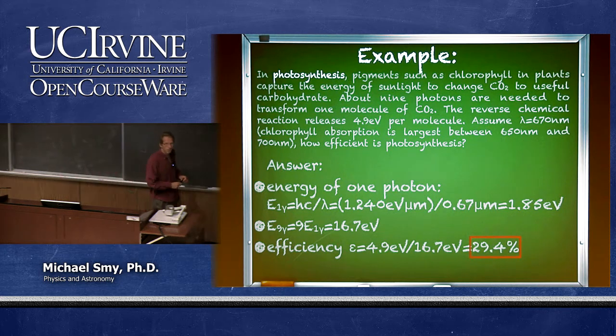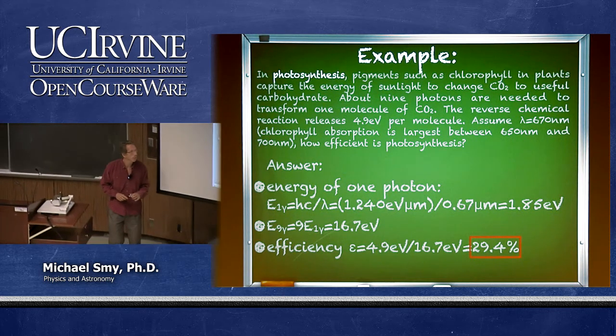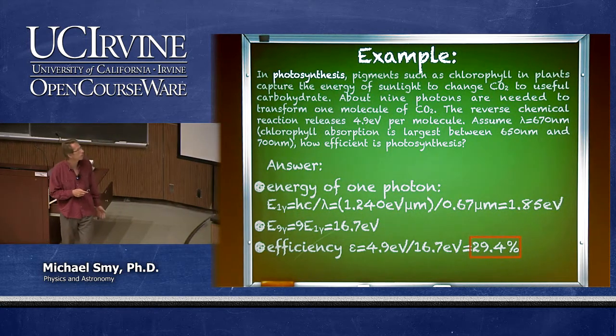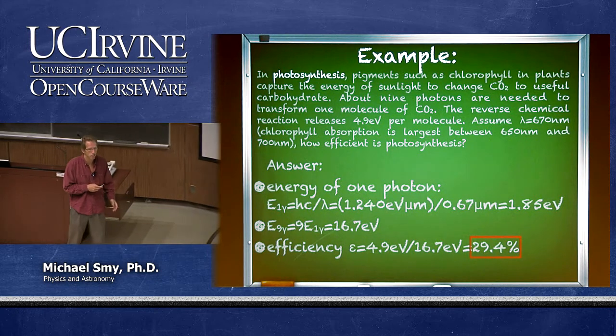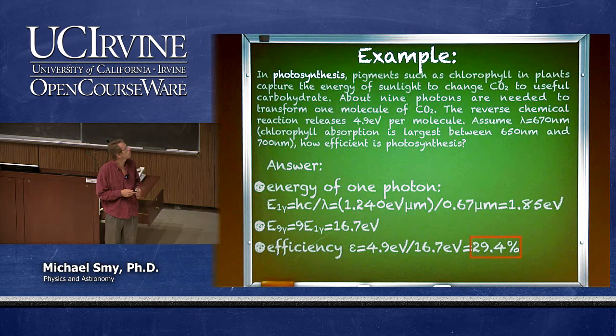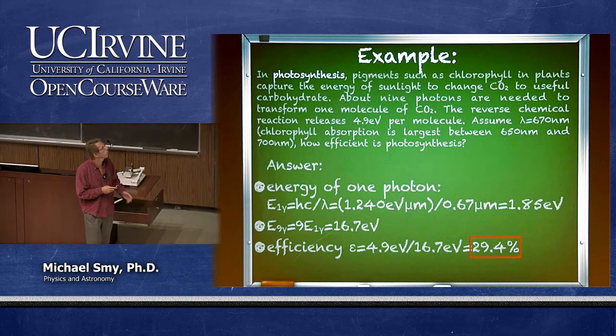And we can also look at the efficiency of photosynthesis. In photosynthesis, molecules like the chlorophyll molecule in plants capture the energy of the sunlight and change CO2 to useful carbohydrates that the plant can then make use of to grow, for example. And it requires about 9 photons for this transformation to take place.